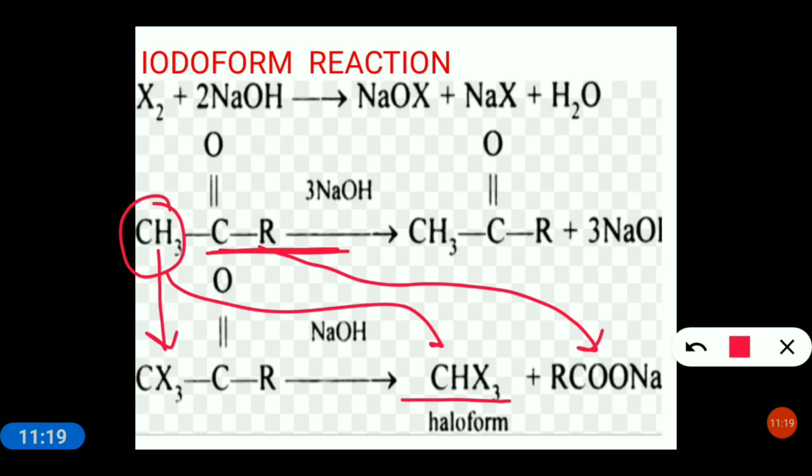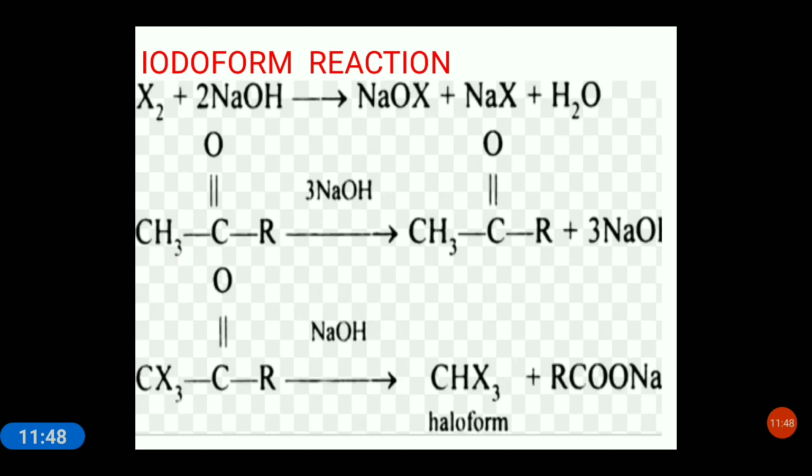So this is the method to distinguish compounds having the CH3CO group or not, because if the haloform is CHI3, it will give a yellow precipitate of iodoform. You will see this in the practical also. Formaldehyde does not give this test, so formaldehyde is the exception for the haloform reaction.